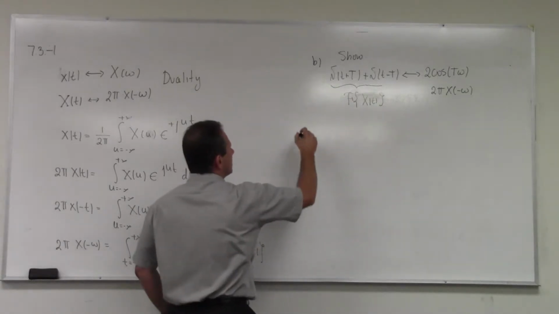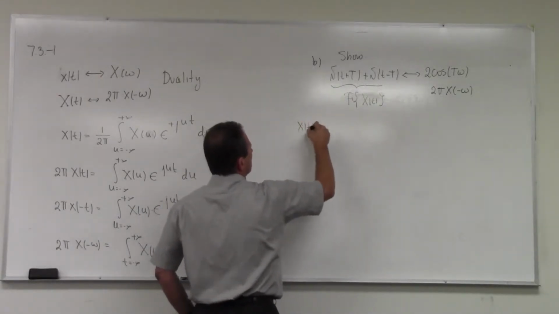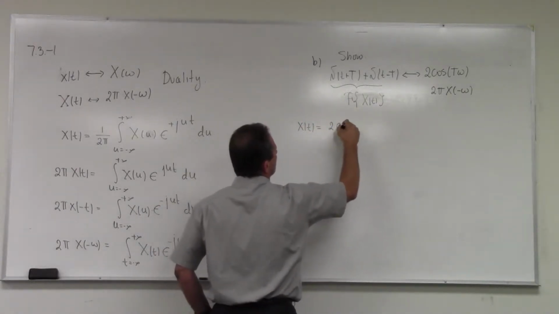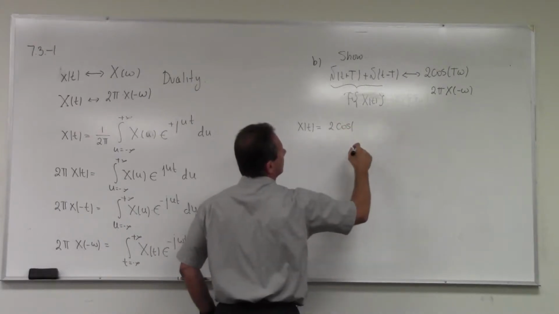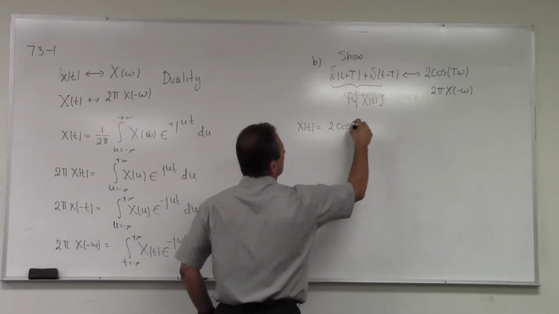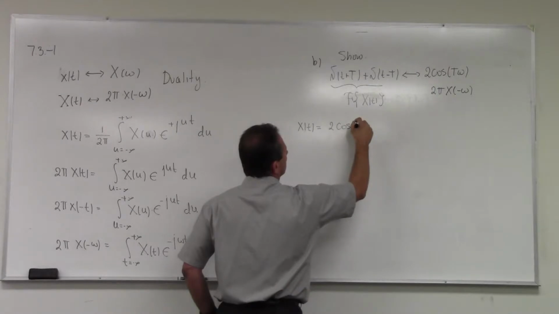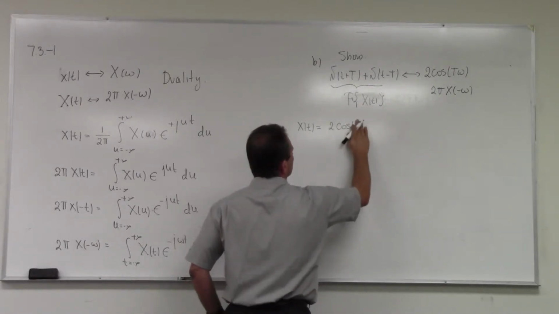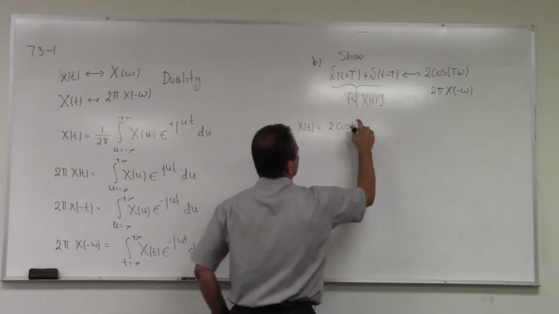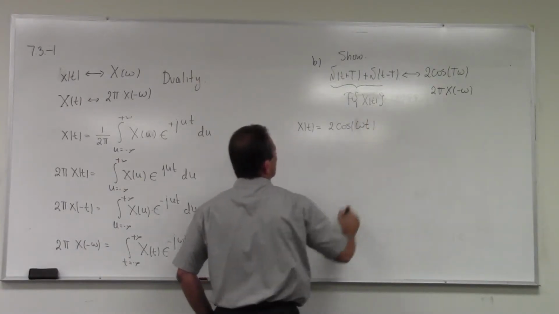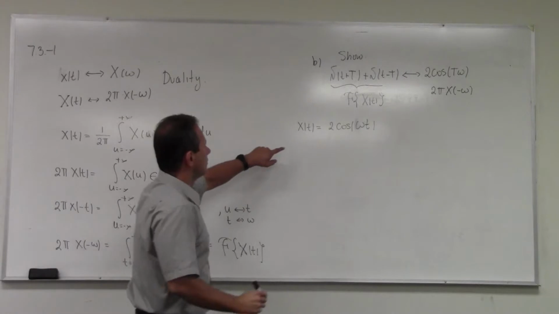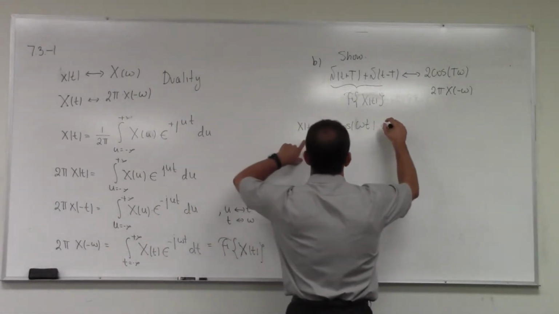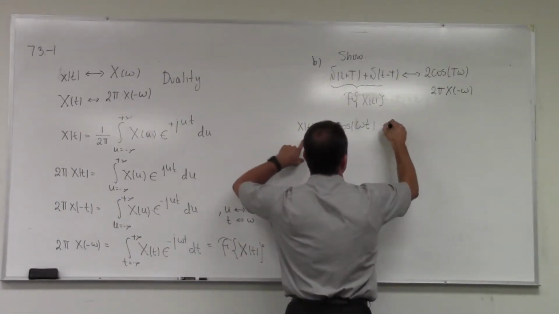So we start with the signal x of t equal to 2 cosine omega t. What we are wondering is, the Fourier transform of this we know.